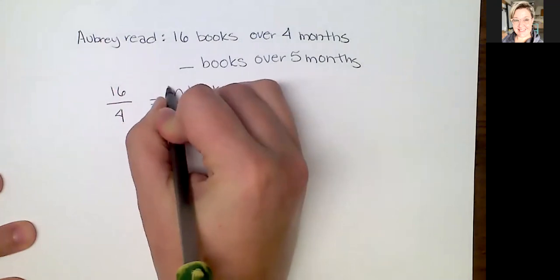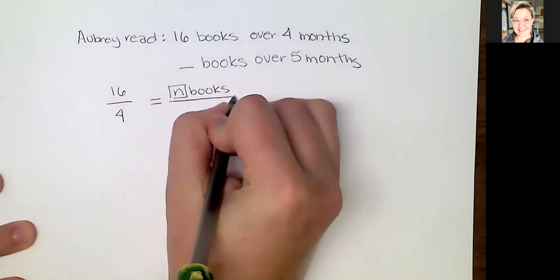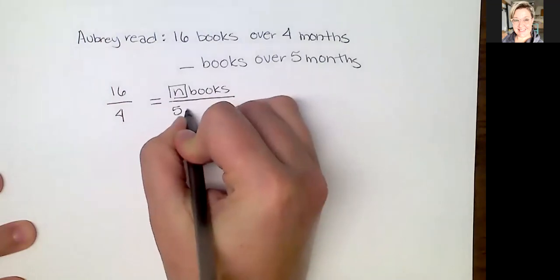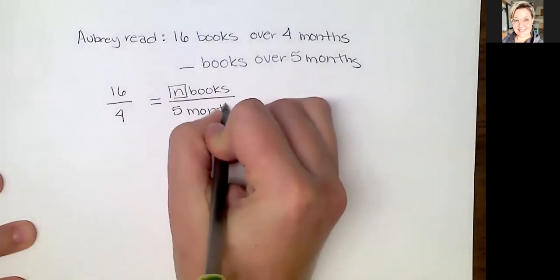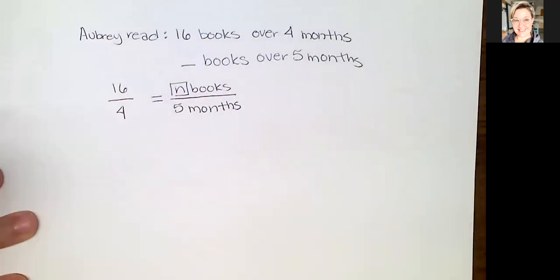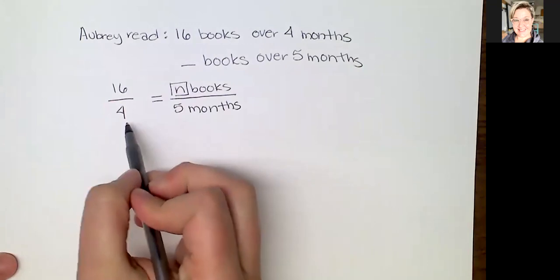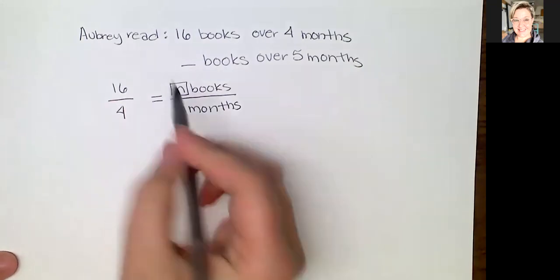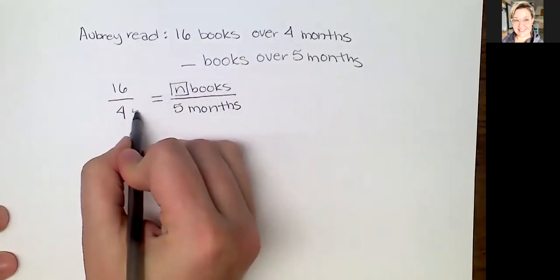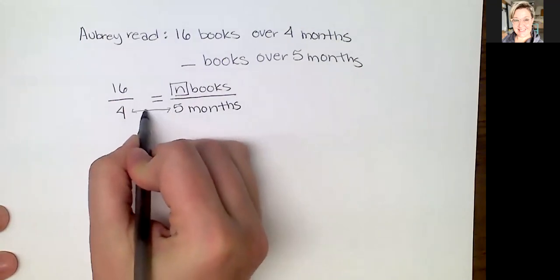Remember, this is the variable we're looking at, over 5 months. Okay, and we're going to use the same strategy that we used before. We're going to multiply both sides by 4 times 5, because remember, we're multiplying our denominators, okay?